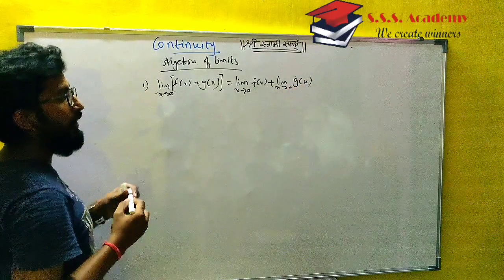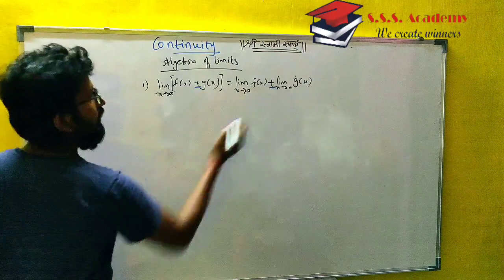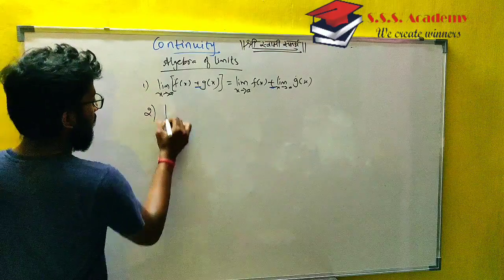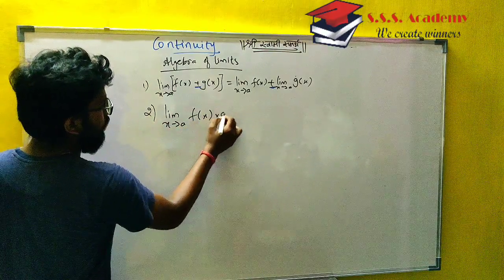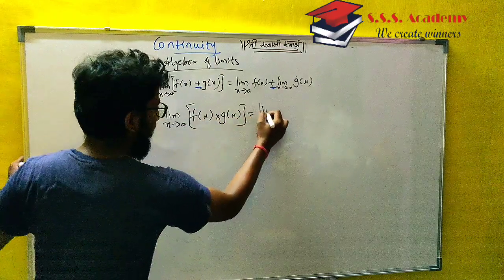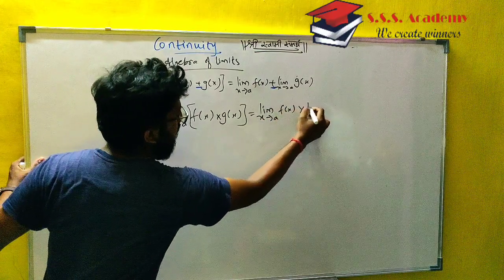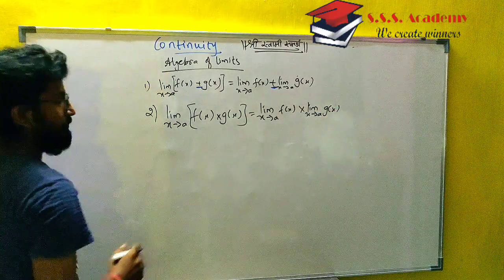This is how the limit expands in addition. If it is subtraction, the limit will expand in a similar manner. If limit x tends to a is applied to the product of functions, then the limit will individually go to the first function multiplied by the limit of the second function.